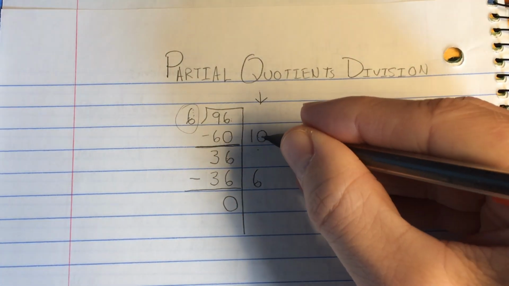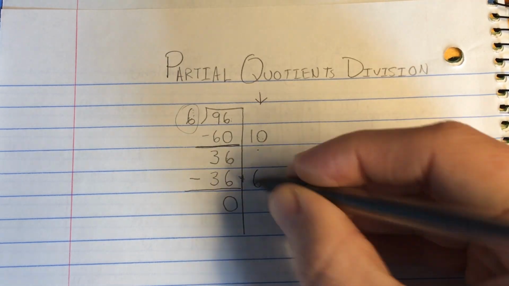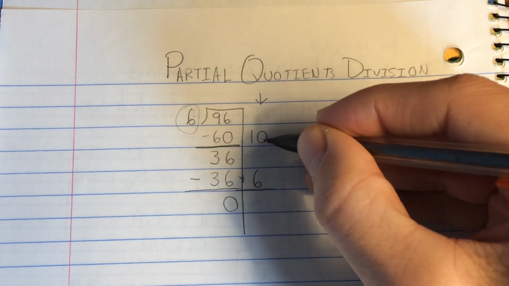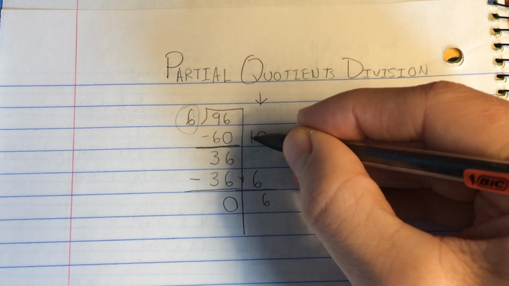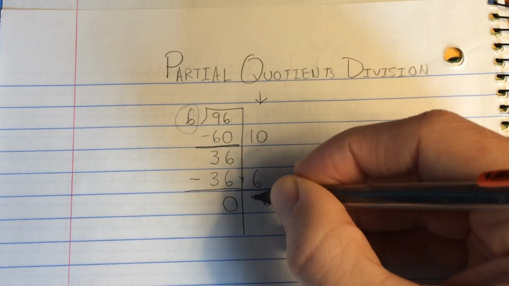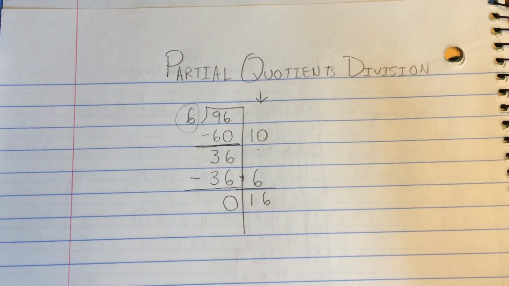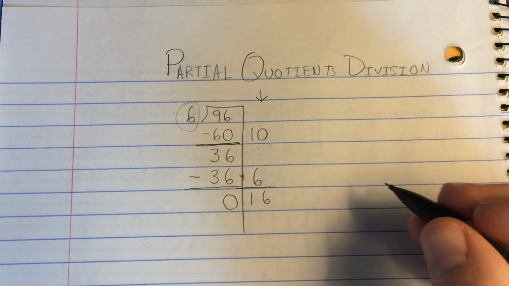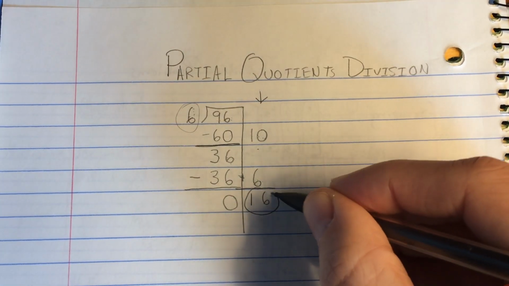So I know this is my ones place and this is a ones too. So if we add these two numbers together, 0 plus 6 equals 6. 1 plus nothing equals 1, so 16. And so our grand total, 6 goes into 96 16 times.